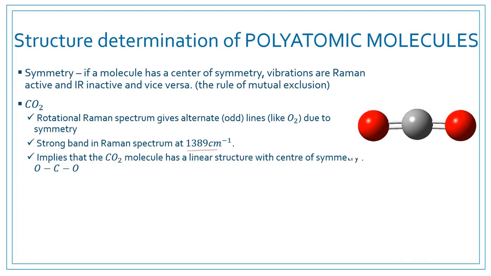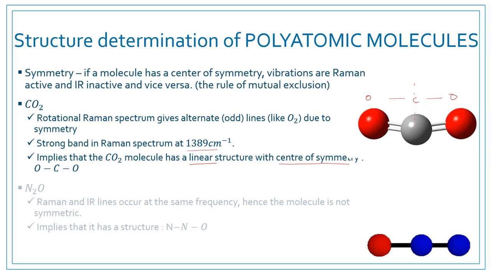All this analysis tells us that carbon dioxide is a linear molecule, and it also has a center of symmetry. That is, the atoms in a carbon dioxide molecule are arranged as oxygen, carbon, oxygen, and this is linear and it does have a center of symmetry.